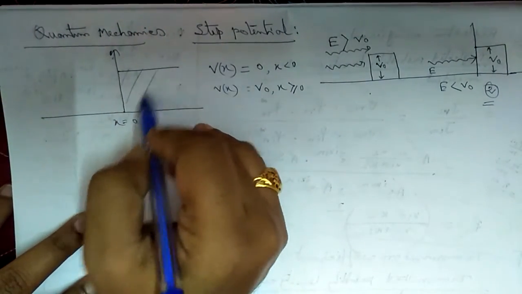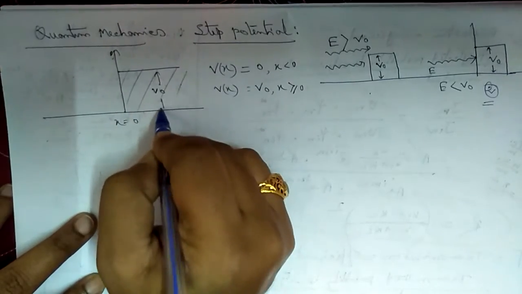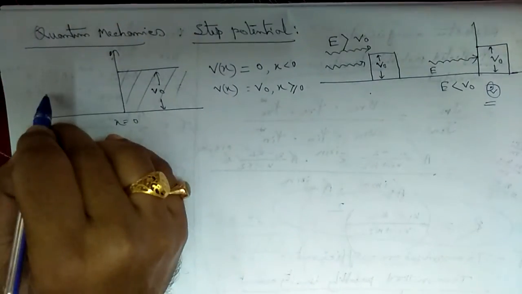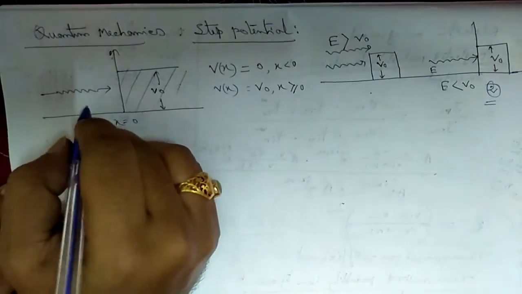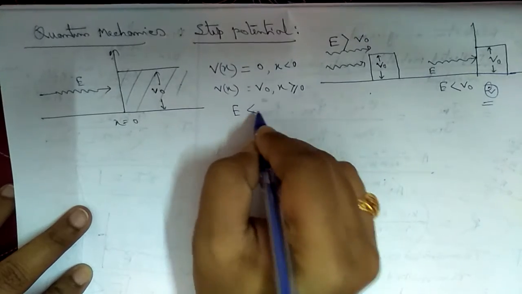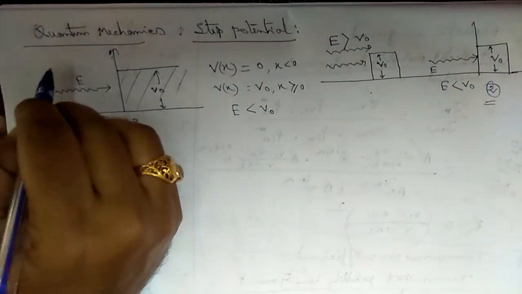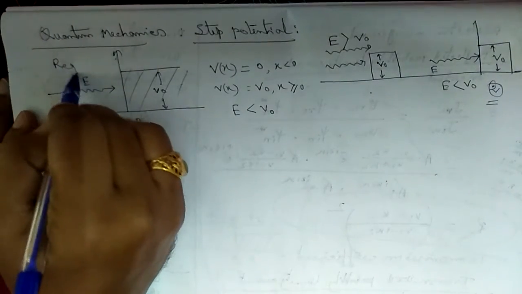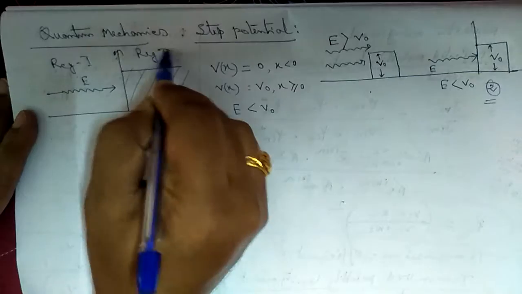Suppose this is the height of the barrier, V0, and a particle is approaching the barrier with energy E, where E is less than V0. I can name this region 1 and this region 2.